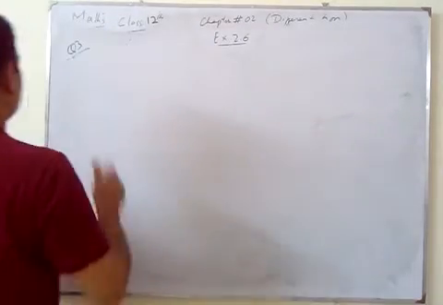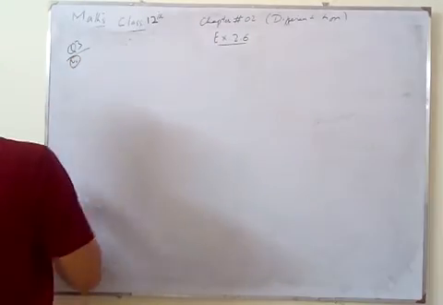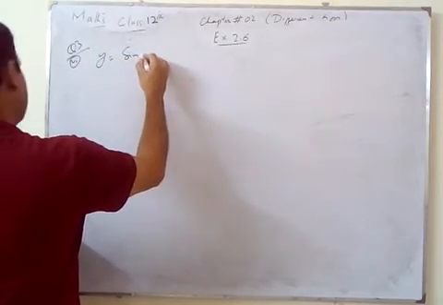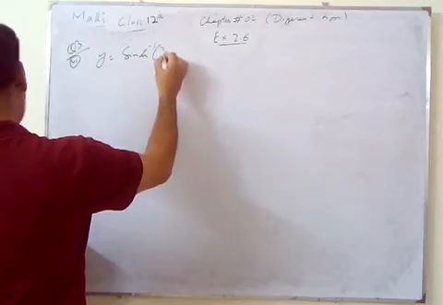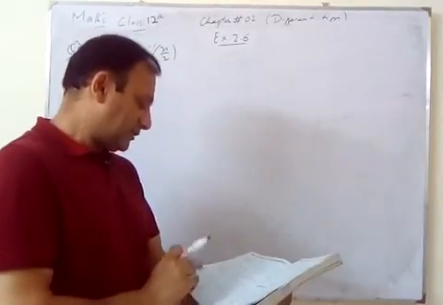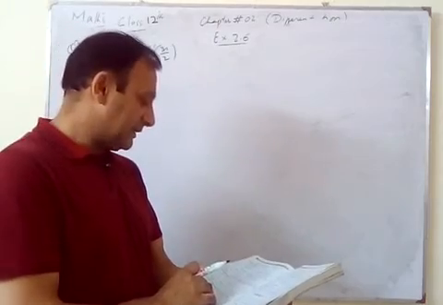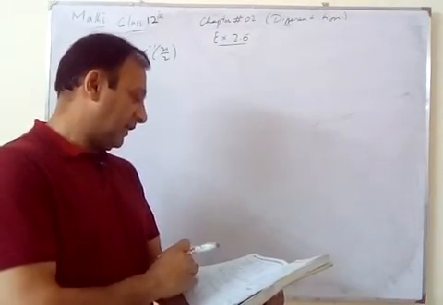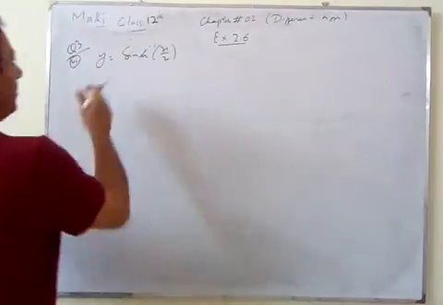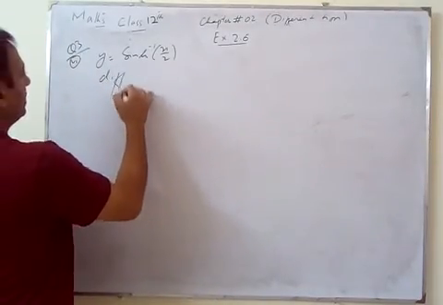Last part of question number 3, part 6: y is equal to sinh inverse of x by 2. All these definitions and values are also given here. So I solve this one. You can check the formula here.